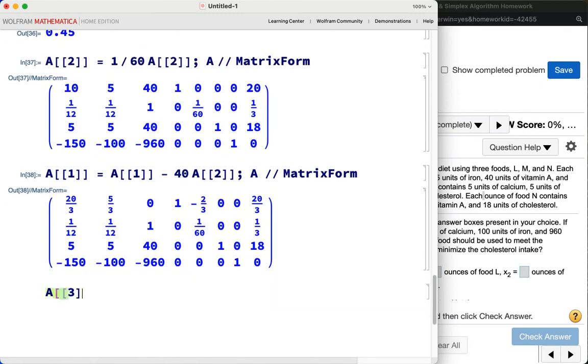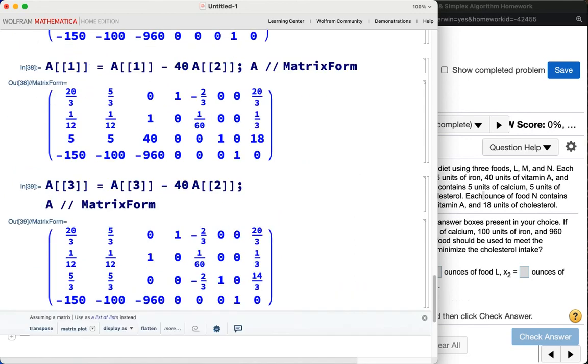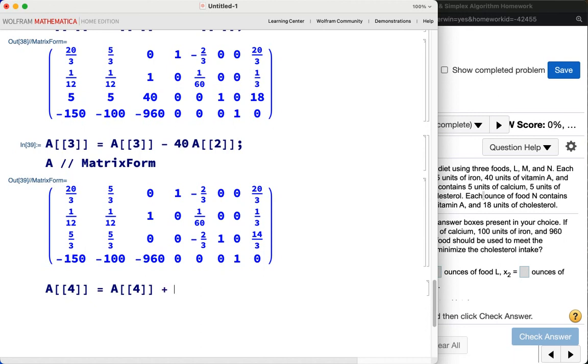And then the third row is equal to the third row minus 40 times the second row. And then the last row is equal to the last row plus 960 times the second row.